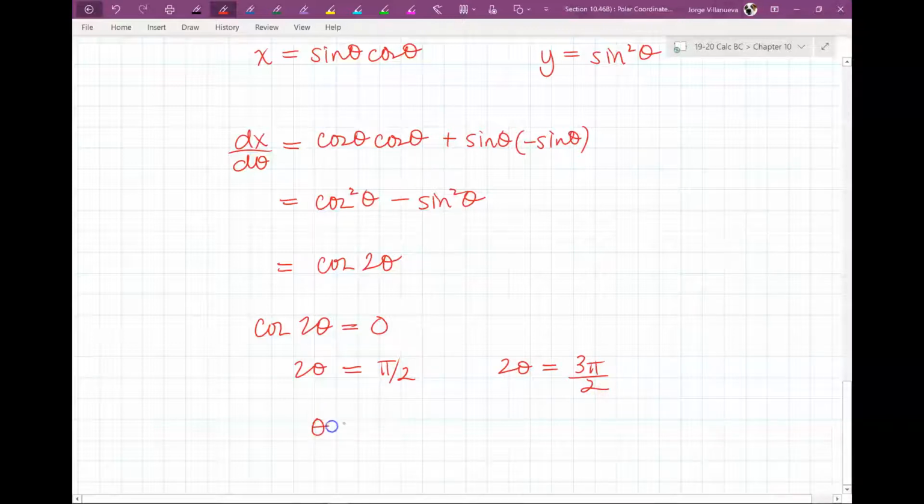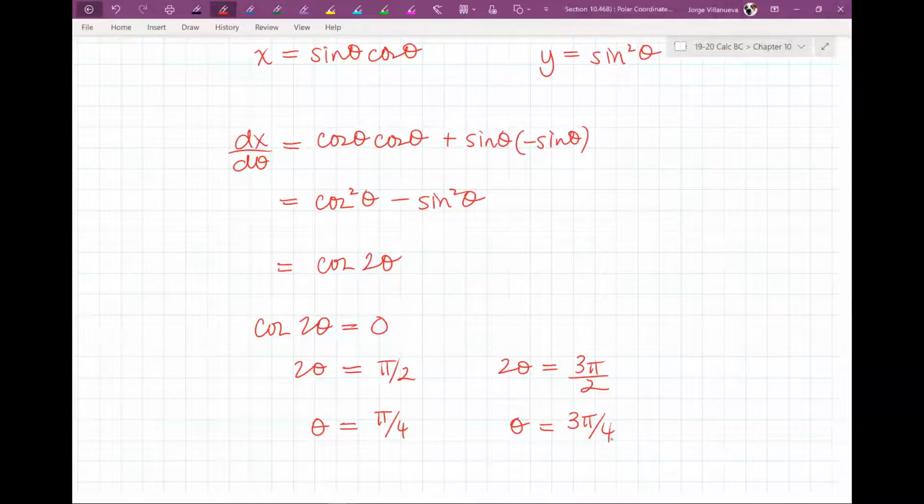So that means theta is equal to 45 degrees or 135, or we could say 3 pi over 4. We'll keep it like that. That's my angle when it's going to happen.